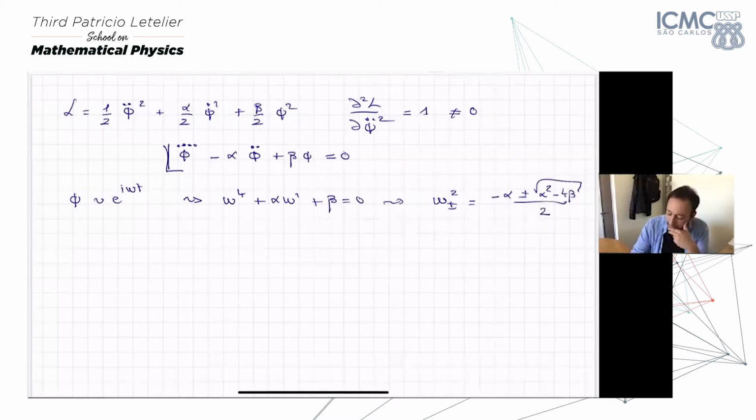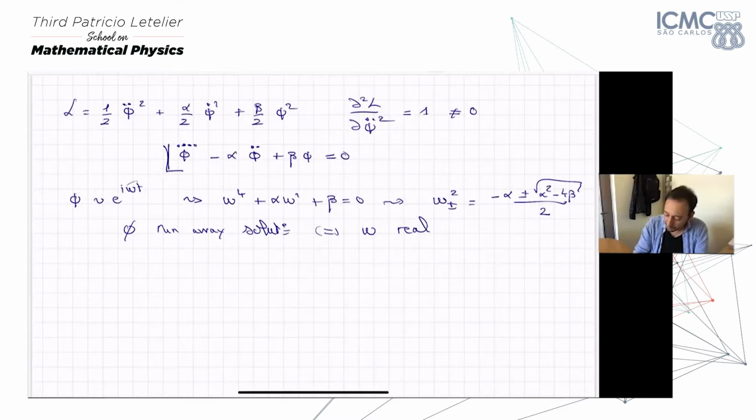So what we want to fix is that we don't have any runaway solution. What does it mean? That we don't want a solution which goes to infinity. So that means that omega has to be real.